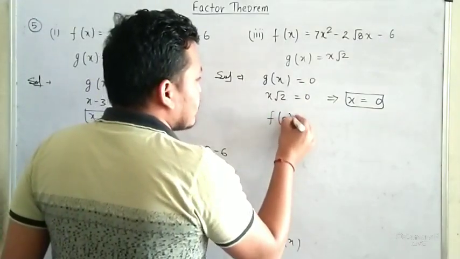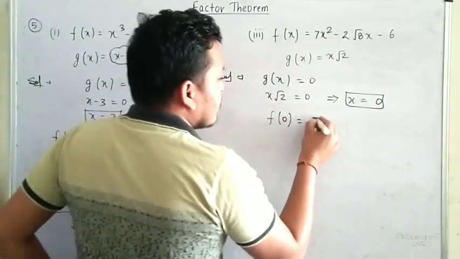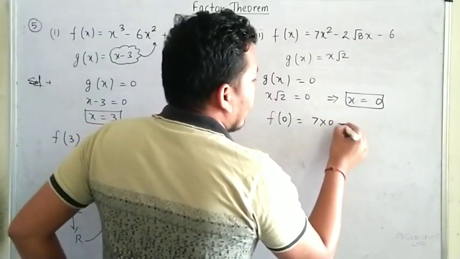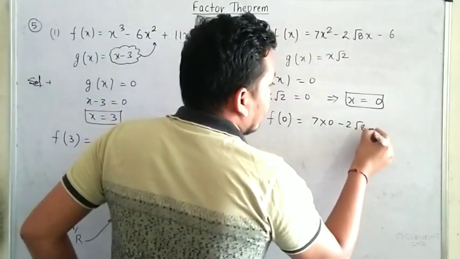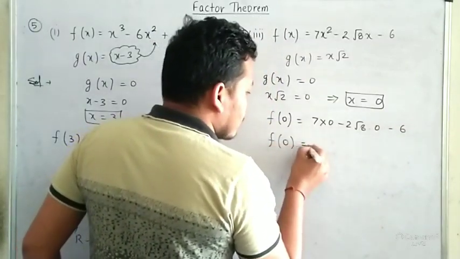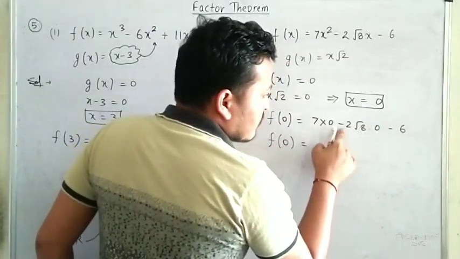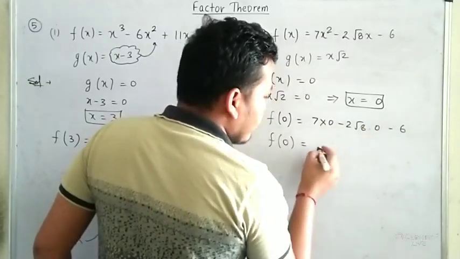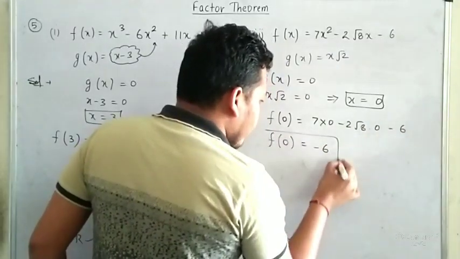So f(0) is equal to 7 into 0, now minus 2 into root 8 into 0 and minus 6. So for x equal to 0, this is 0 minus 2 into 0 and last remaining is minus 6. What is our remainder here?